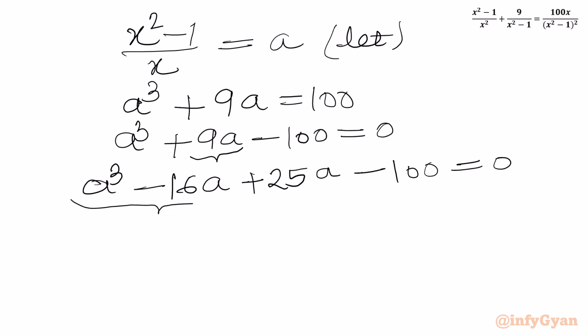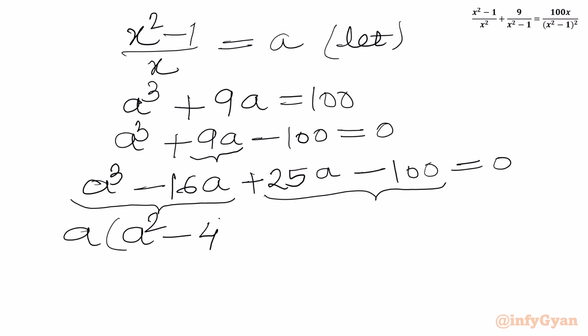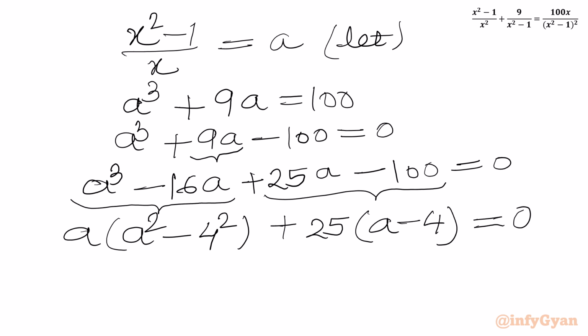Now from these two terms a is common. From here we will take 25 out. So it will give us a times (a² − 16). We can write 4² plus 25 is common. In the bracket we will get a − 4 equal to 0.